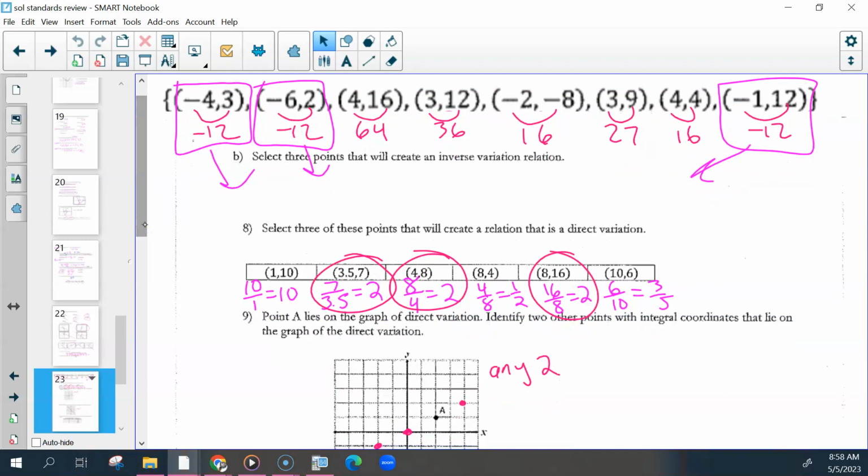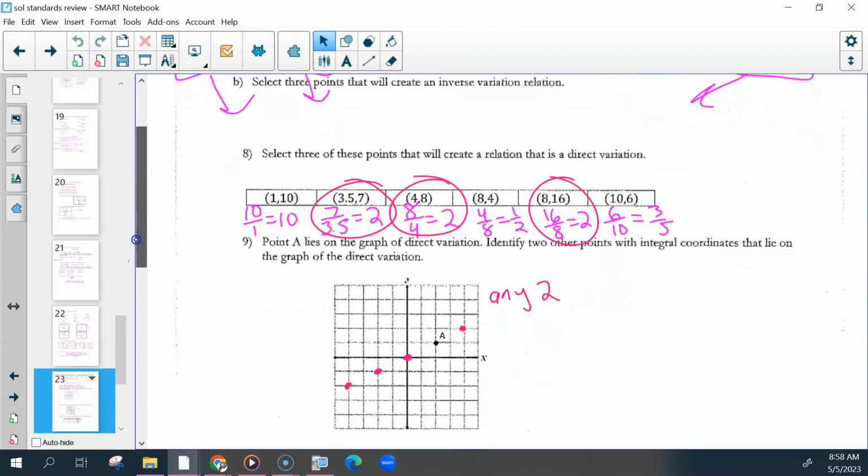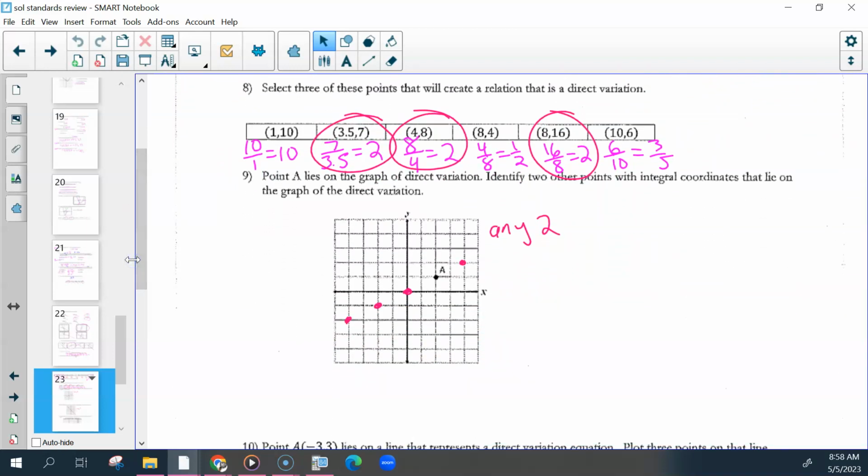Eight was another select 3 points, but this one was direct, and the 3 were 3.57, 4, 8, and 8, 16. Nine, you had to plot 2 points that would make this a direct variation.